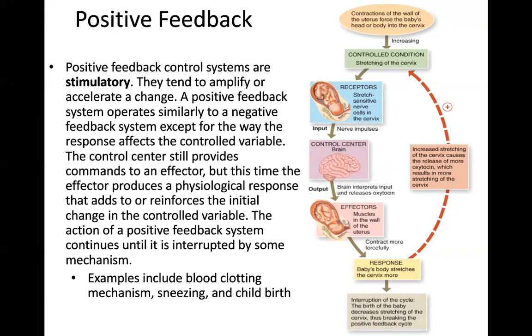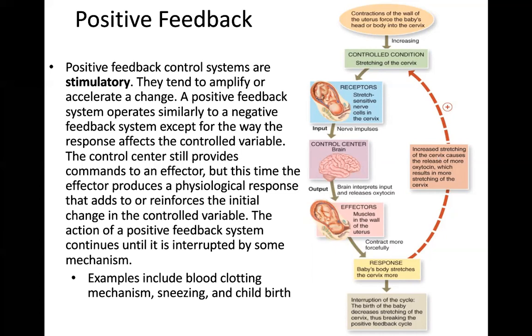Okay, so a positive feedback system operates similarly to a negative feedback system, except for the way the response affects the control variable. The control center still provides commands to an effector, in this case, the brain sending output to the walls of the uterus during childbirth. Okay.